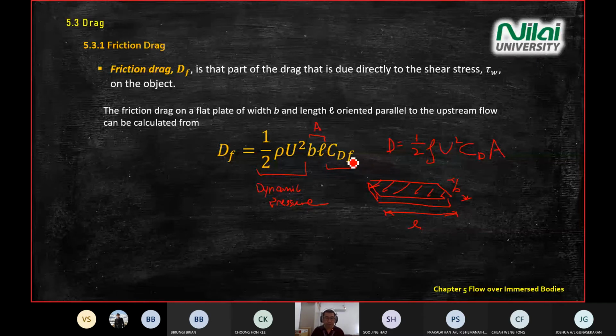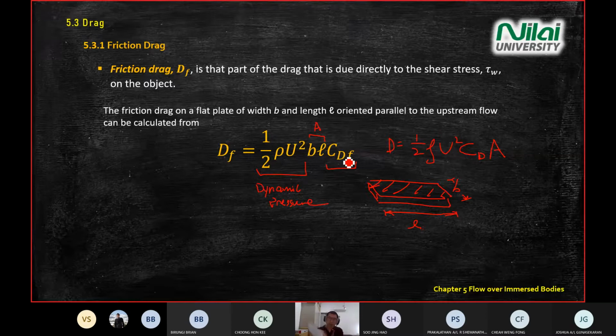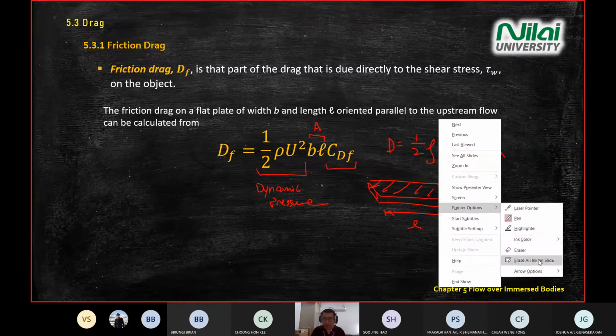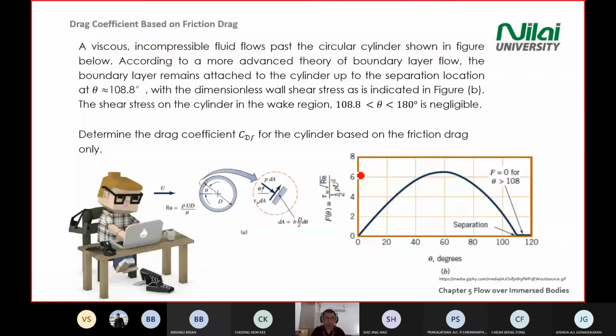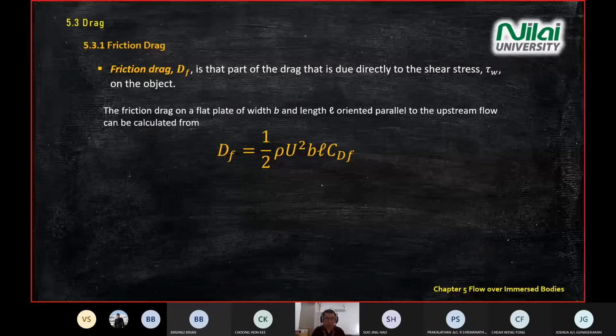We have seen this graph before, the C_Df graph in your handout, question 20. And this is the equation that we're looking for, the friction drag.